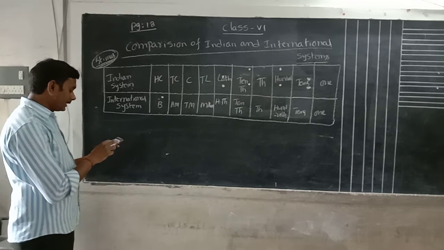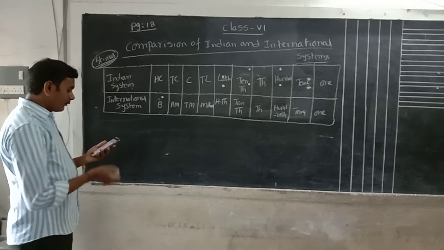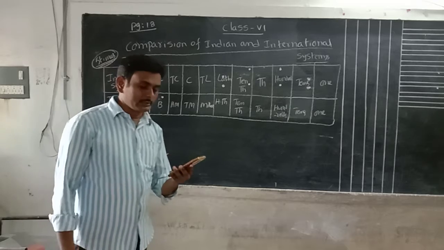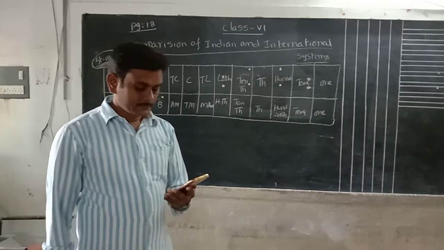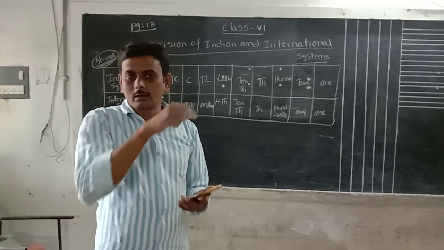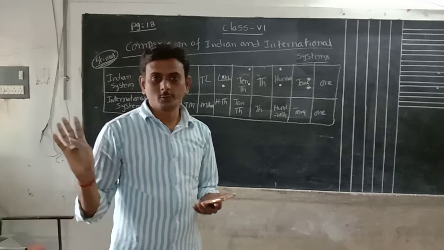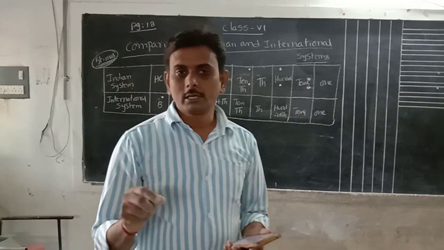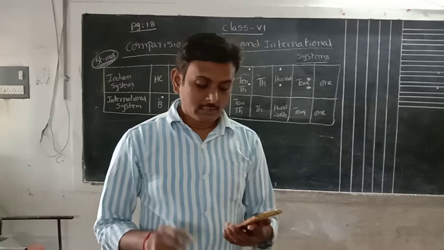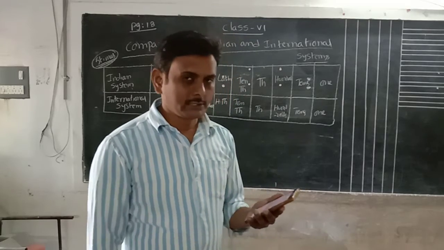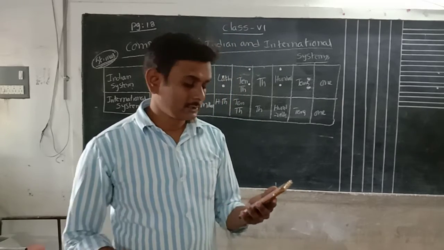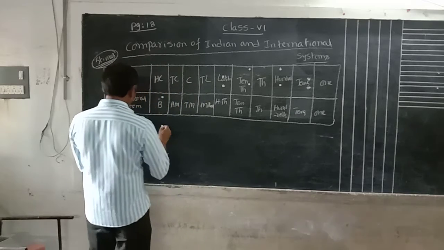What are the questions related to this? The fourth one you can do yourself, using the international system with commas. I will not explain the fourth one. It is related to a number given in the Indian system, which you copy to the international system by separating with commas. For example, I will explain one sum.